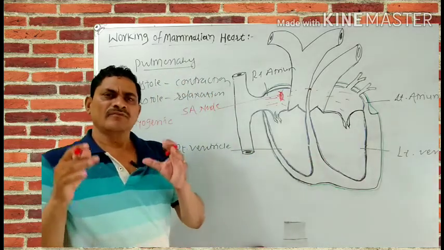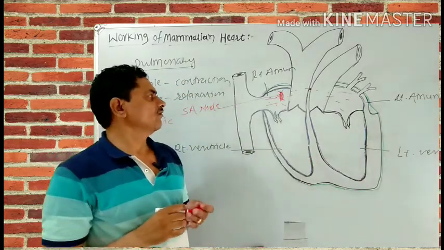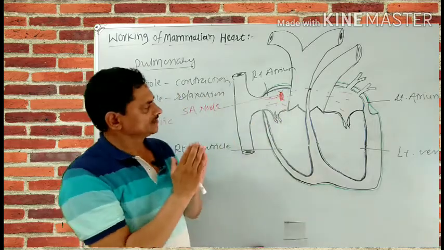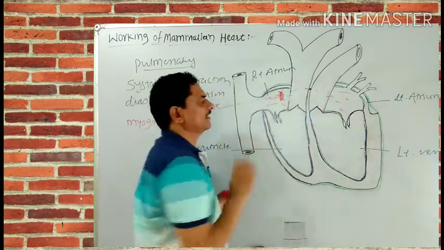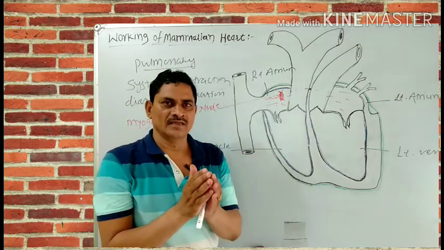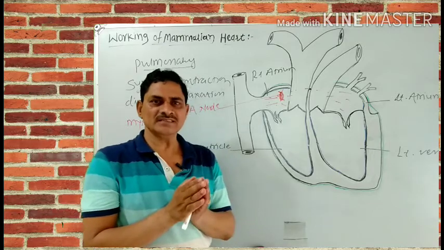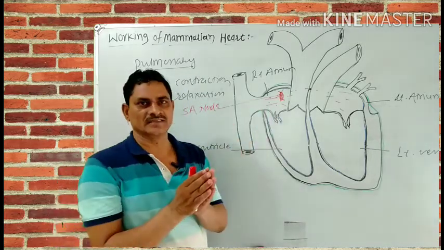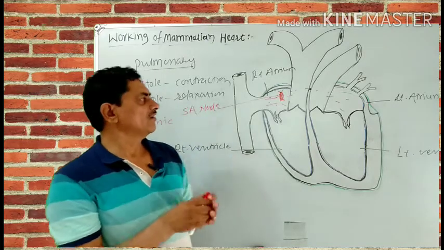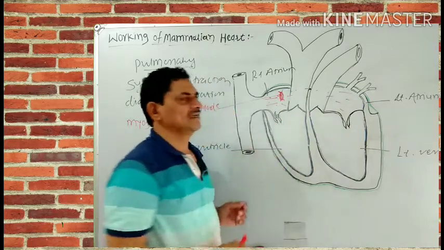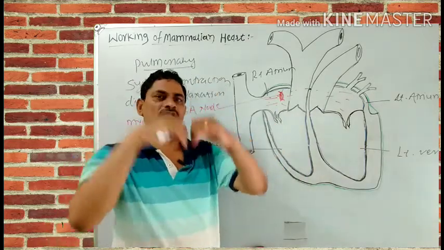When a wave of contraction originates from the sino-auricular node, it spreads all along the atrium, therefore the atrium contracts. The atrium contracting means the volume of the atrium reduces. Therefore, whatever blood is present in the atrial chambers is forced into the ventricle.